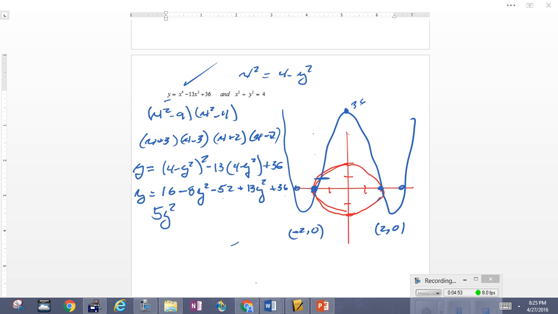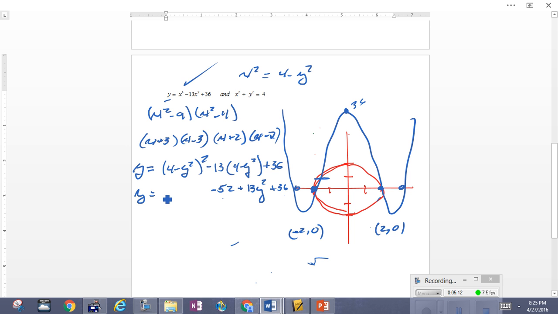I am mistaken. I have, this is y to the 4th here, I'm sorry, I forgot the fourth term is what happened there. If I can correct that, expand that out.